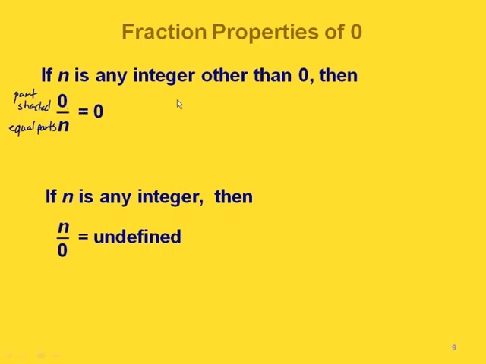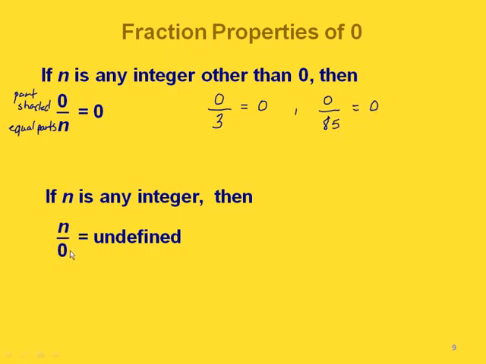That would give us 0 for our answer. So again, this is true no matter what the value on the bottom is, as long as it's not 0. So 0 over 3 would give us 0. We could have 0 over 85, and that would be 0 also.